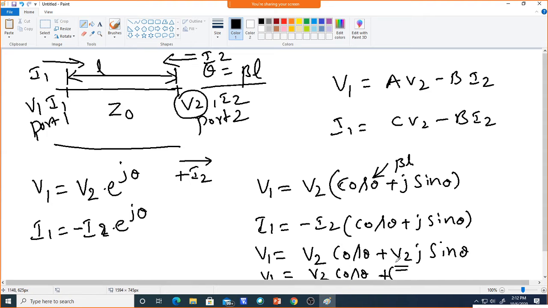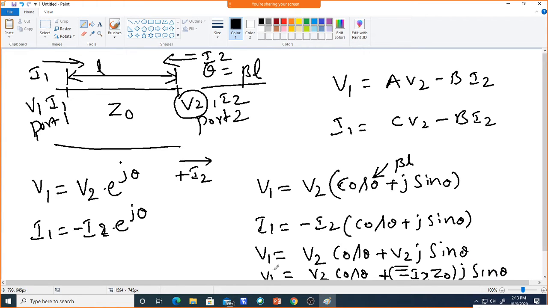So V1 equals V2 cos theta plus, so what is V2? It is minus I2 into Z0, because I2 is flowing into the network, and you multiply it by Z0 to get the V2 value. So V2 is nothing but minus I2 Z0, times j sin theta.